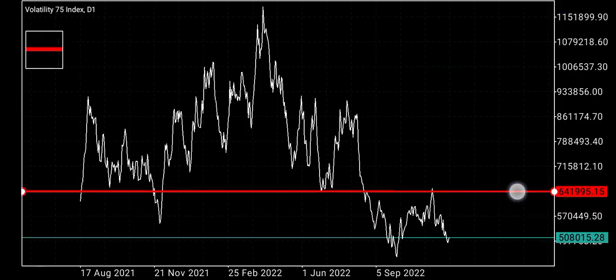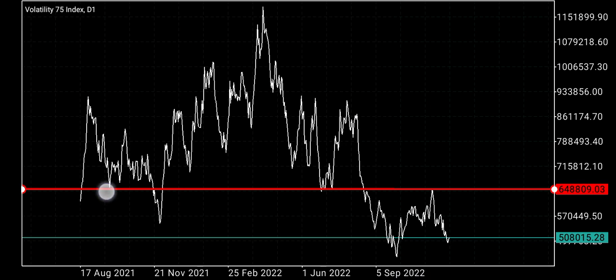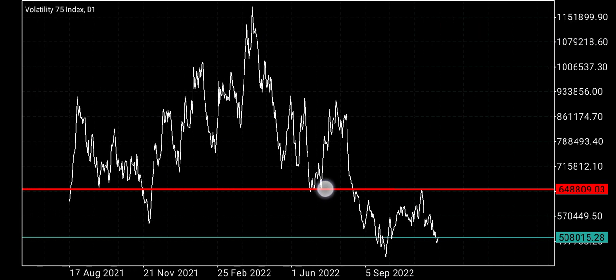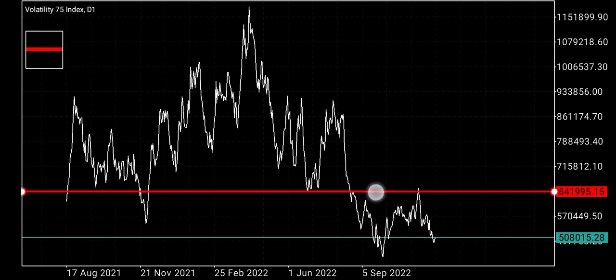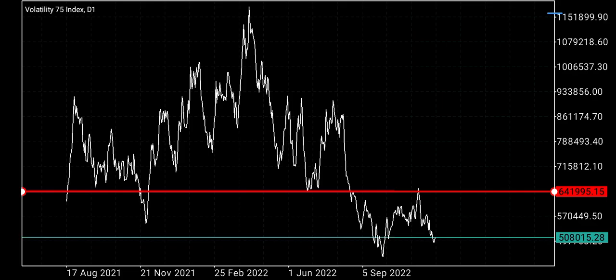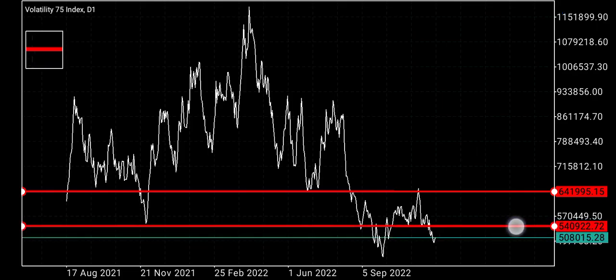As you can see here, the market supported here, then we broke above and went up, and then we supported here, and then broke below, turning it into a resistance. Mainly I like to focus on the current market price.